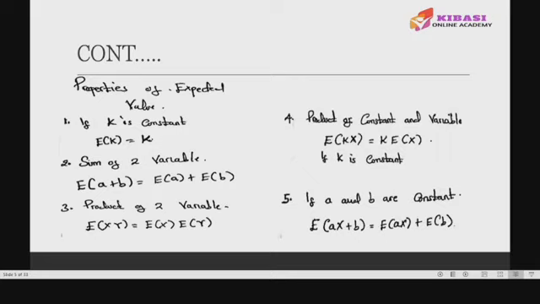Expected value ya kx, then itakuwa ni k that is substitute out, then itakuwa times by expected value ya x if k is constant. 5, if a and b are constant like this, expected ax plus b, then we get a times expected x plus b. But this we can go further. Expected value of a constant, as you remember, we will substitute this out, then we are back to expected value x.